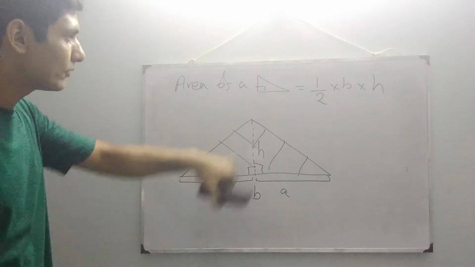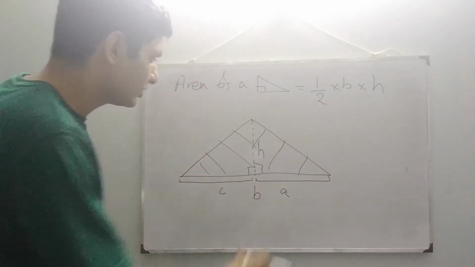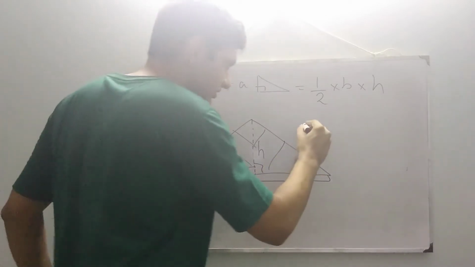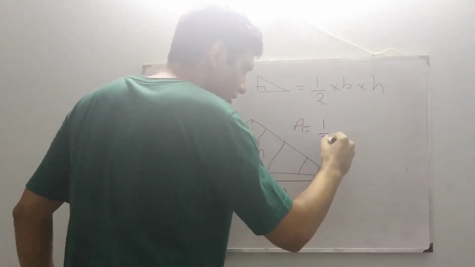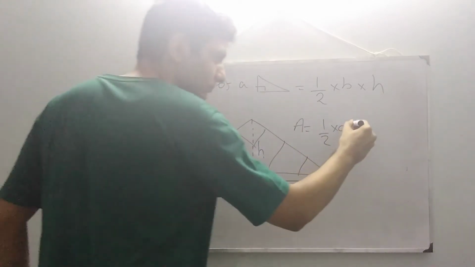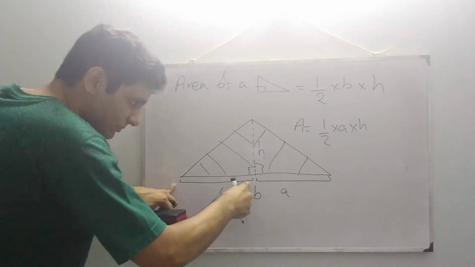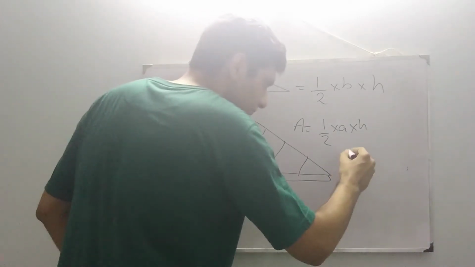And I know the area of a right triangle. That's half times the base times the height. So the area of this part is half times A times the height. The area of this part is half times the base times the height.